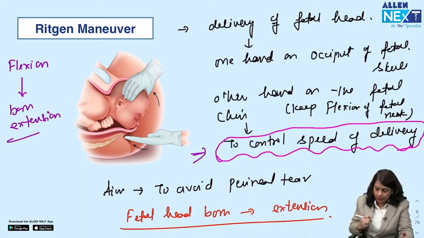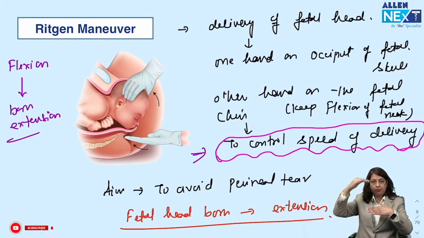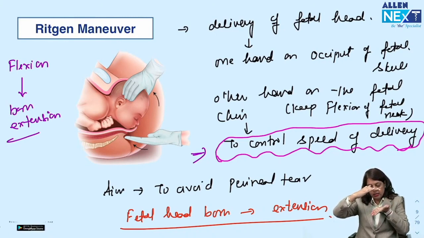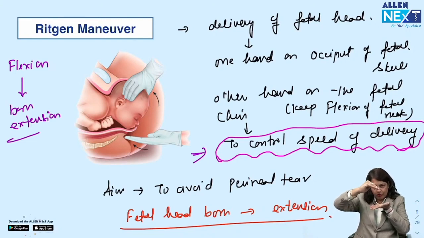What is the aim of Ritgen maneuver? One hand is put onto the occiput of the baby and another hand is applied at the chin of the baby in a way to control the speed of delivery. So the occiput you press and the occiput will be delivered, then the vertex, then the brow and then the face.